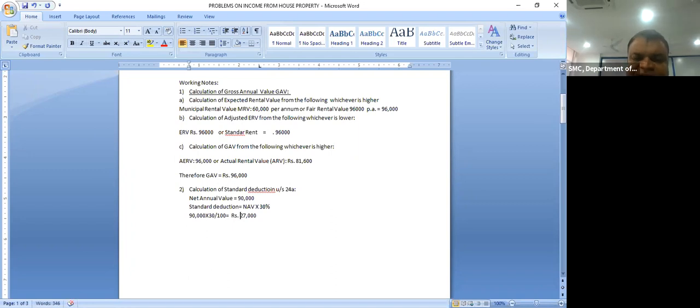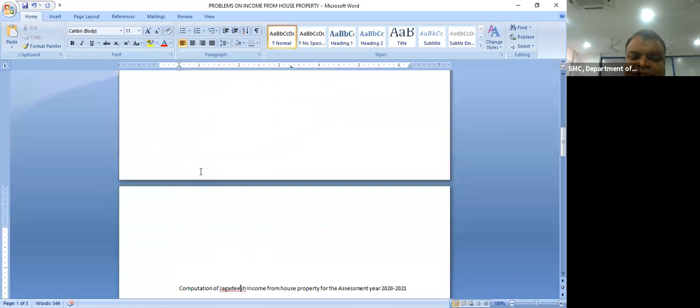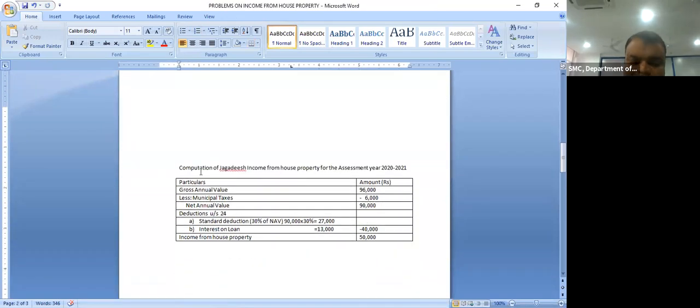We didn't do any other calculations because everything he gave was directly given, like the interest on capital, which we have taken in computation of income from house property. So only those are the two calculations we did, hence we are showing them in the working notes.